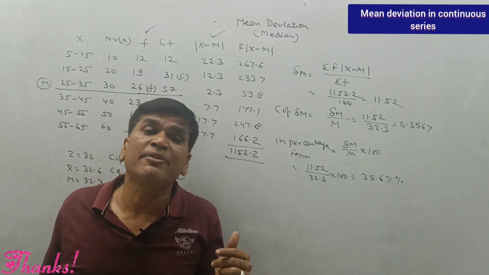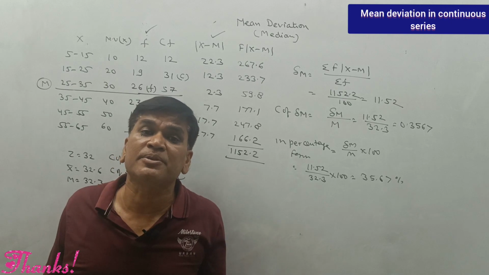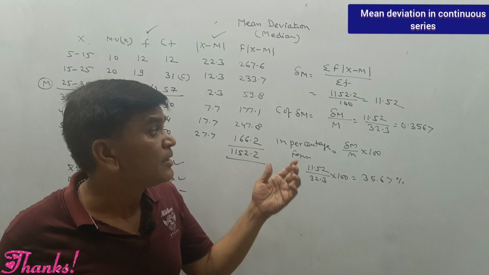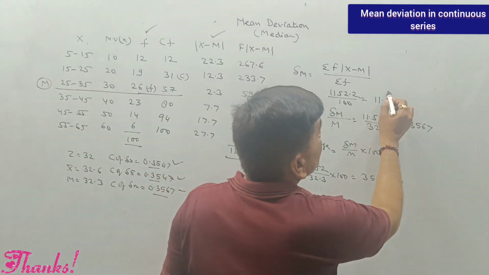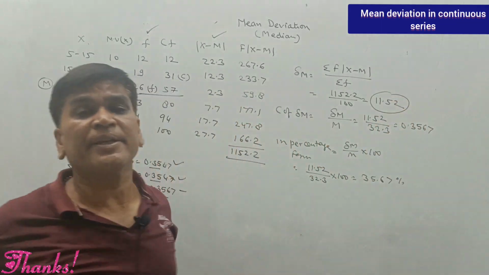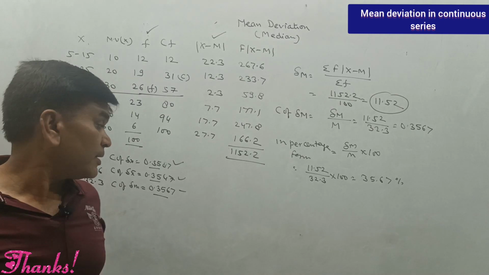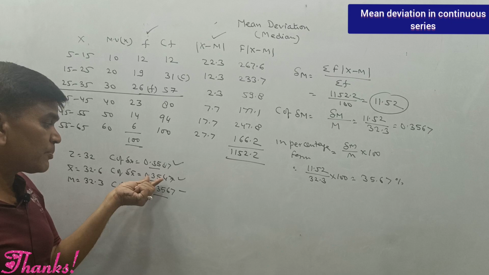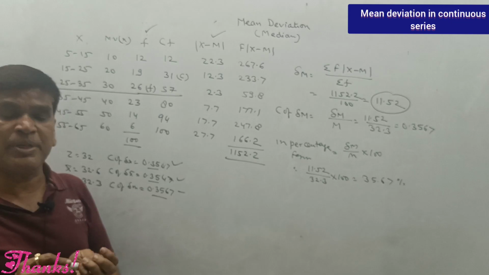Whenever we are having any kind of comparison between two series, we always use the relative measures of the mean deviation. The mean deviations themselves were different, but the coefficients are quite the same. See, 0.35, here also 0.35, here also 0.35.